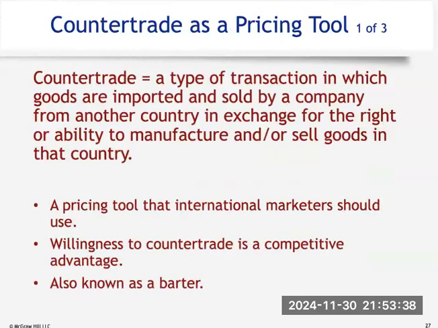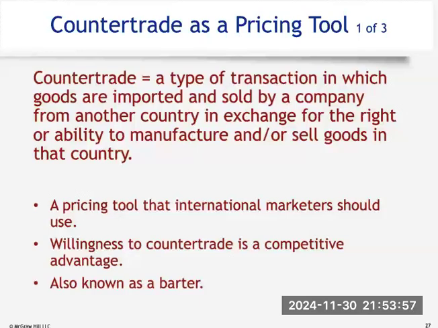Counter trade as a pricing tool. I put the definition here: a type of transaction in which goods are imported and sold by a company from another country in exchange for the right or ability to manufacture and or sell goods in that country.